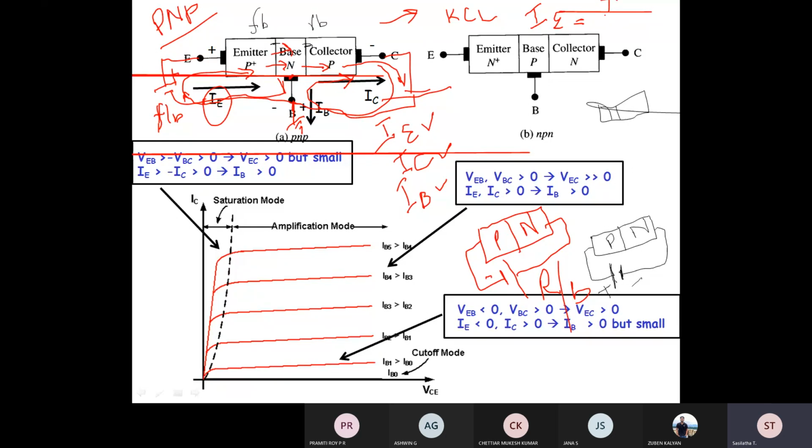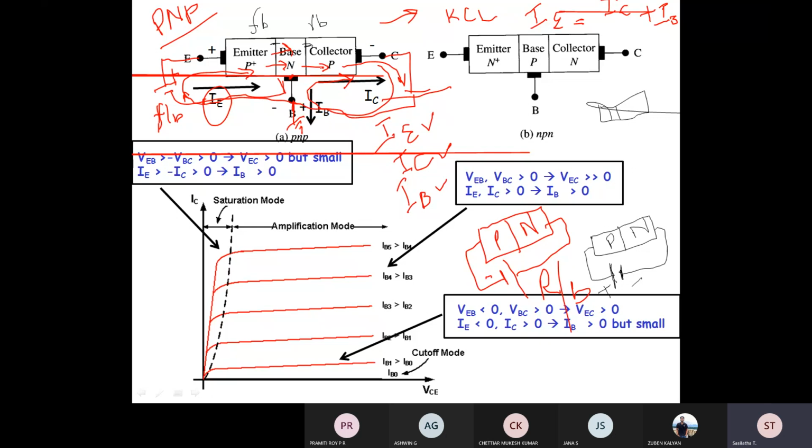Emitter emits the current. Collector just collects the current. So IC plus IB is your emitter current. We can derive this from this particular thing. Understood? Yes, ma'am.